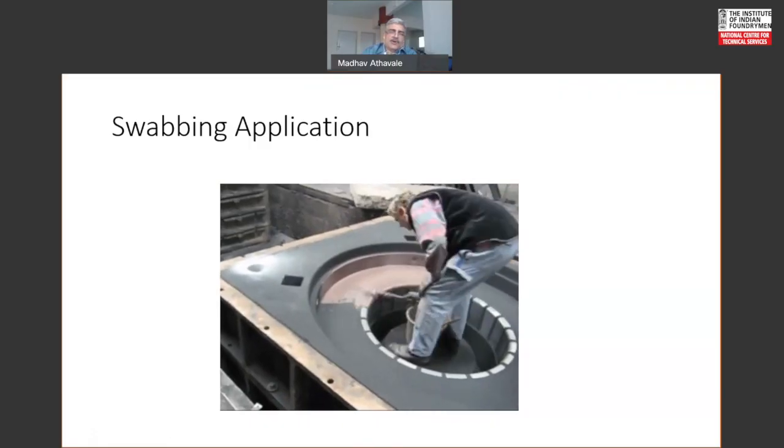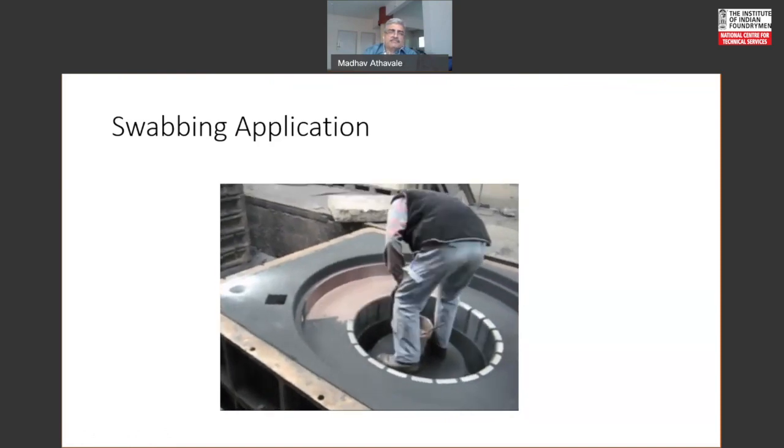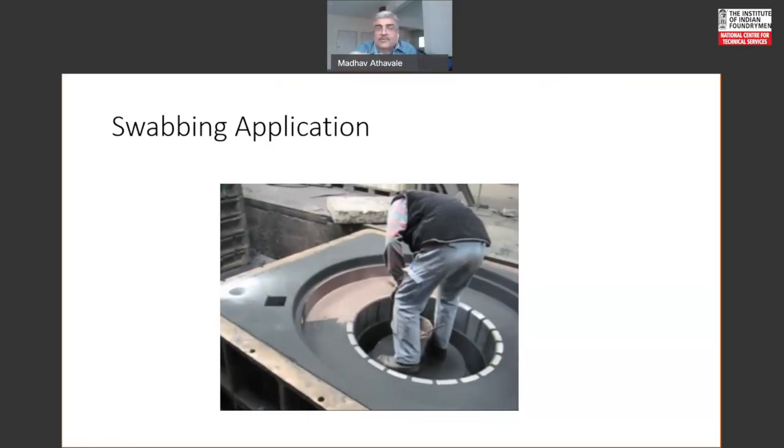So long as there is a horizontal surface, he is able to nicely rub the coating in. As far as vertical surfaces are concerned, he just about touches it, there is no great pressure that he can apply there. In brushing, yes, you can, but not so much in swab.